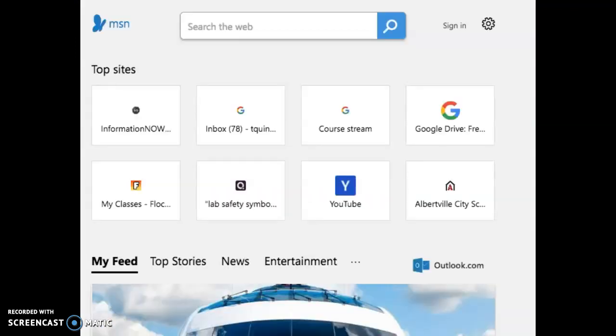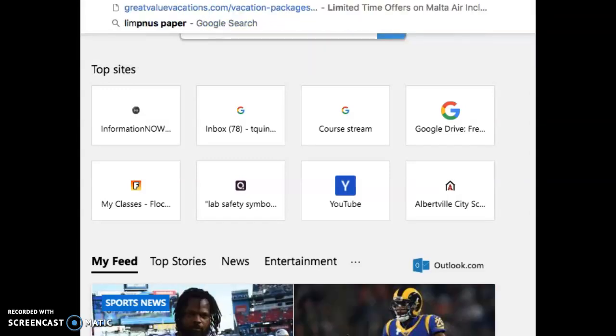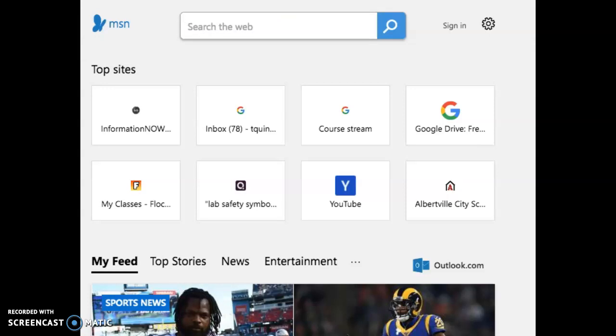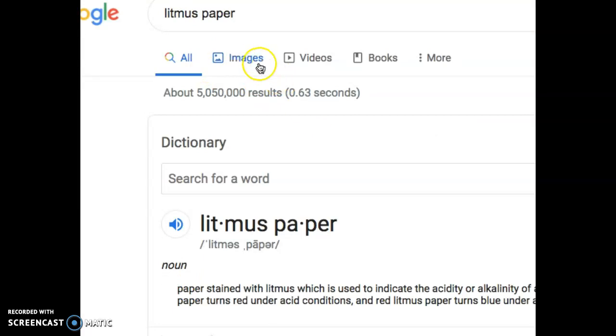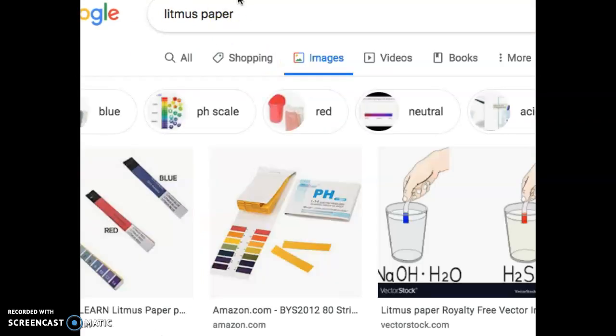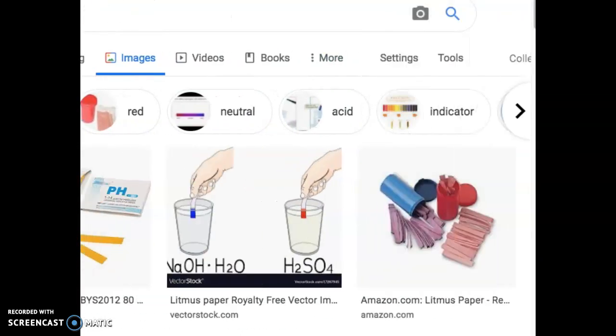So litmus paper, there's red litmus paper and there is blue litmus paper. Now, it will turn different shades of colors based off what you are putting it in. So here is a picture of what happens.